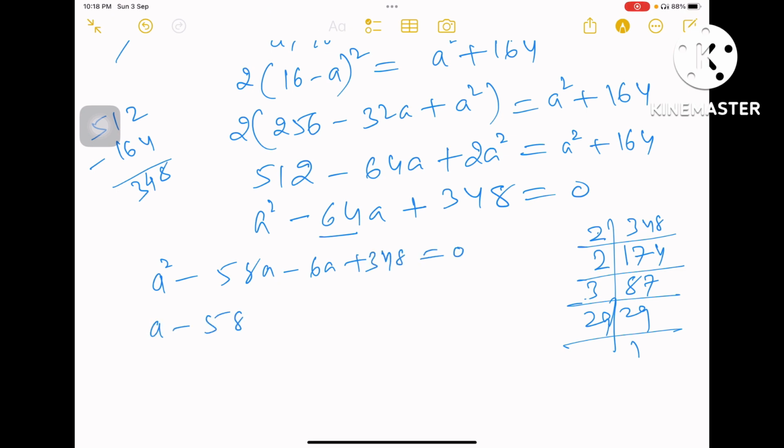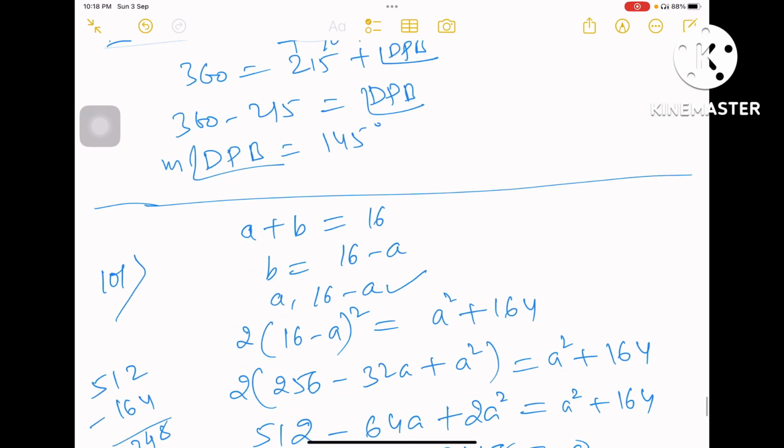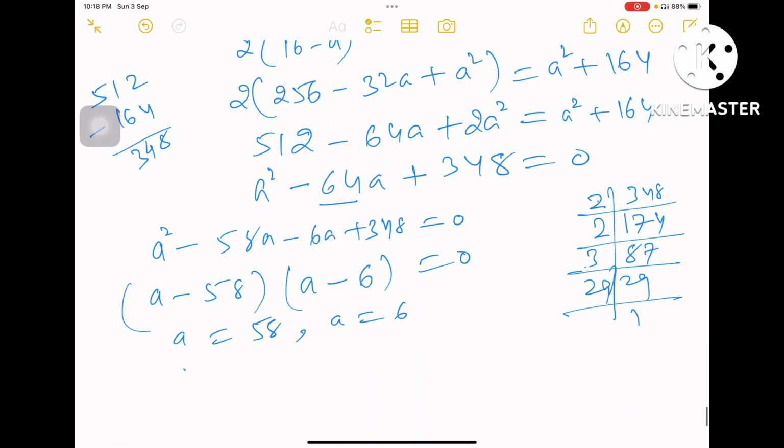So (a minus 58)(a minus 6) equal to 0. A equal to 58, a equal to 6. So if a equal to 58, the other number is 16 minus a, that is 42.